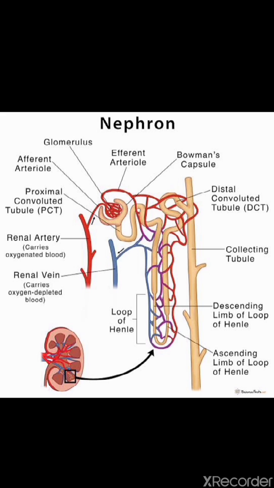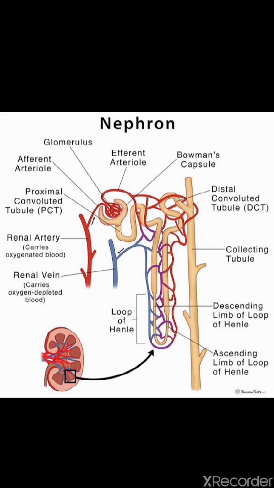Now, what about the ascending limb of loop of Henle? It is comparatively thicker and is composed of flattened cuboidal epithelium with microvilli and mitochondria. It is impermeable to water and sodium chloride.